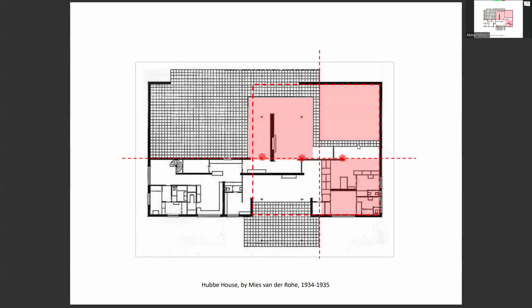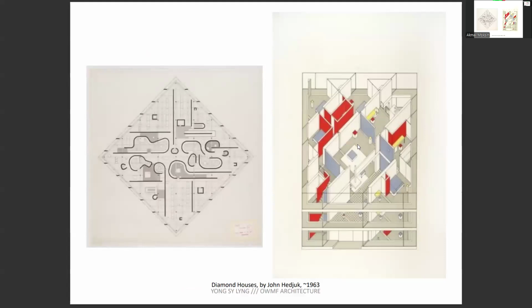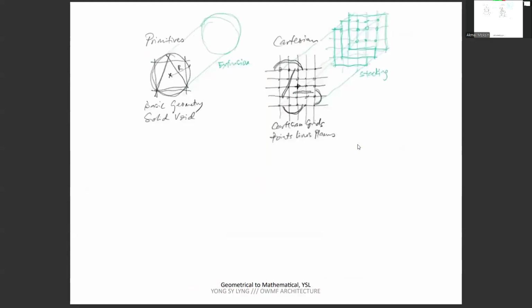Rotational and diagonal movement in otherwise stable architecture. So we have the second one, Cartesian. You may have different spatial experience for every floor, and you stack all the floors. So this is how 2Ds become 3D.